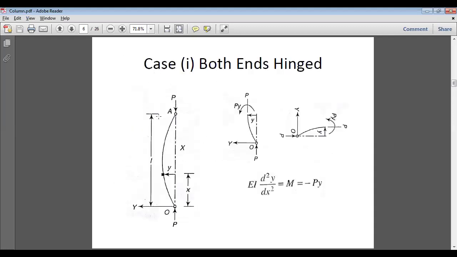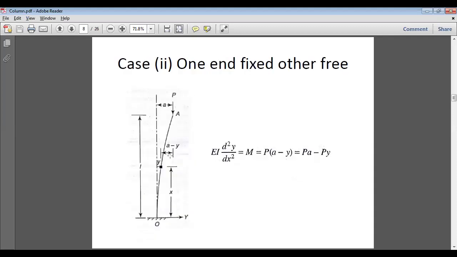Whereas in case of both ends hinged, the column is allowed to move in any direction, so the maximum deflection will be at the center point. In case of one end fixed and another free, this free end will have the maximum deflection, denoted by a.